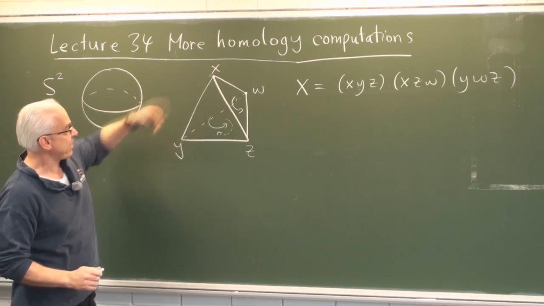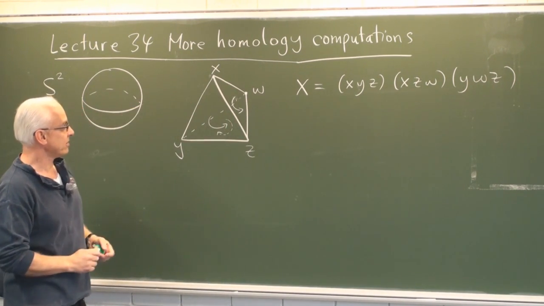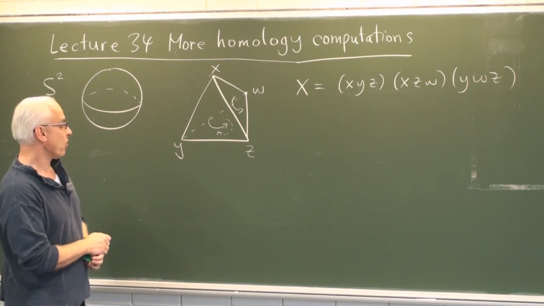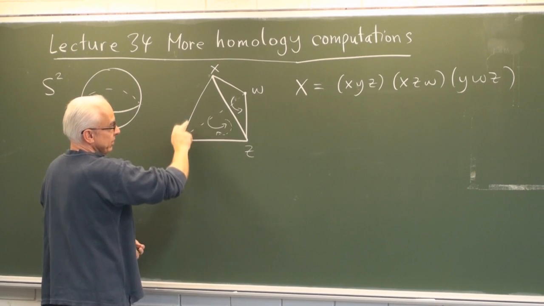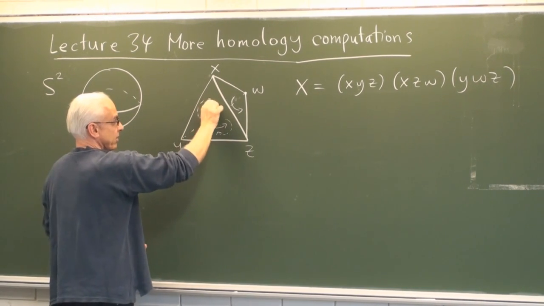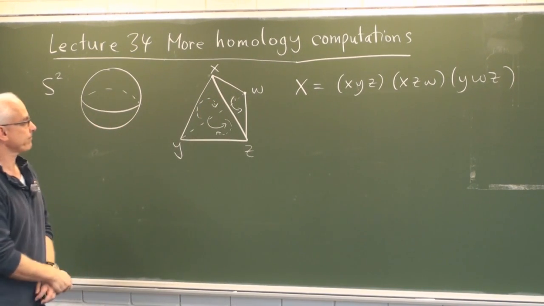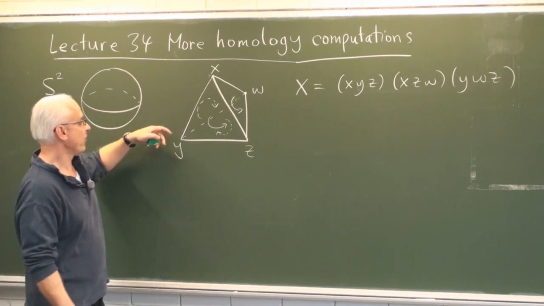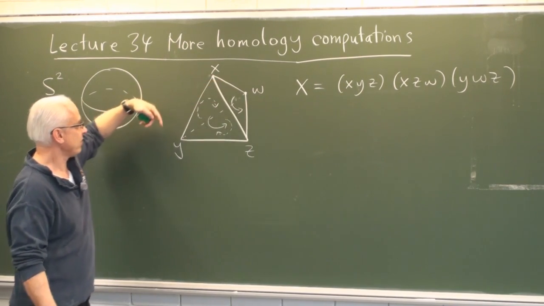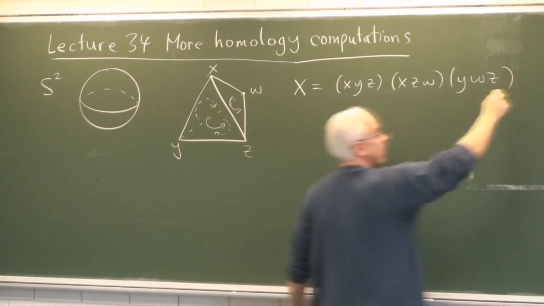And finally, at the back, the x, y, w side. How are we going to orient that? Well, the front face is going this way along this edge, so we want the other one to go this way. And that corresponds to, say, x, w, y.